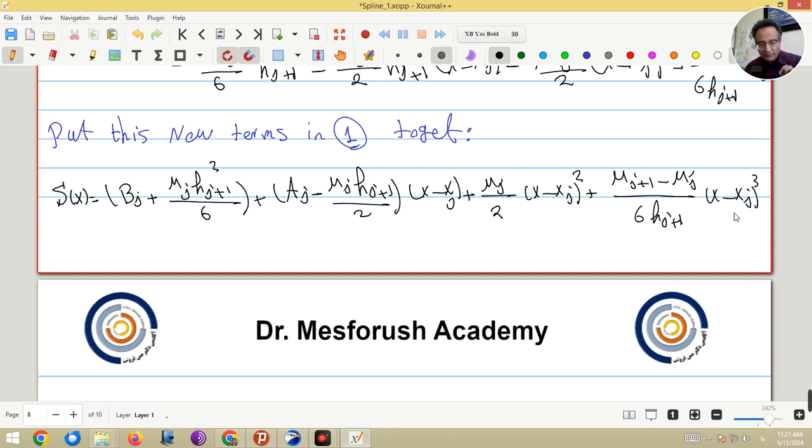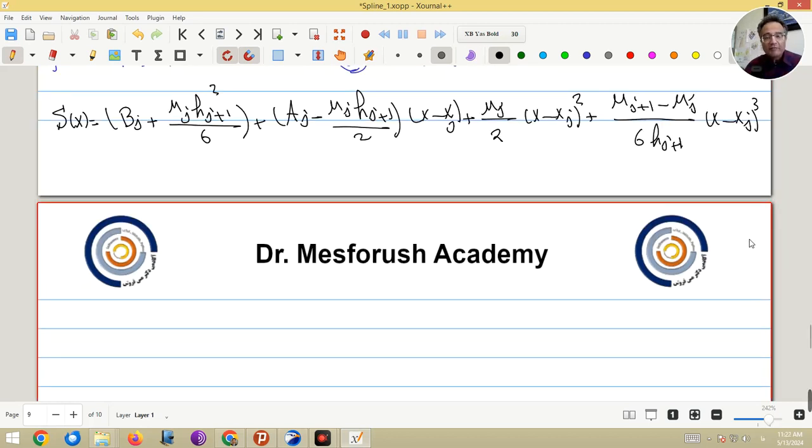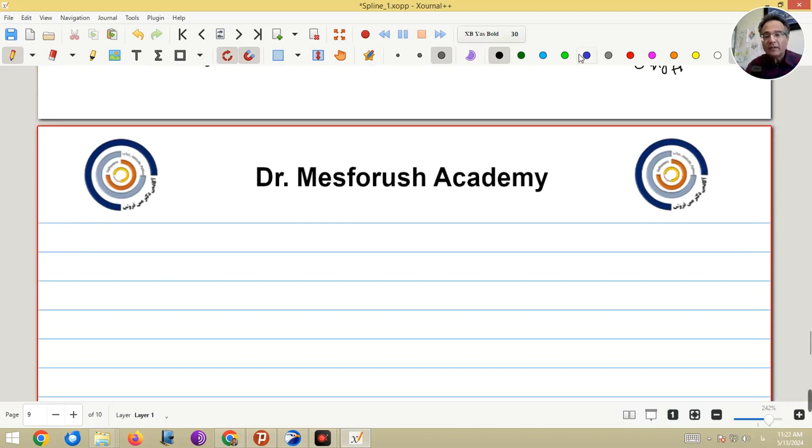And if you do some more computation, finally you will get S of x in this form: S of x equals yj plus 1.